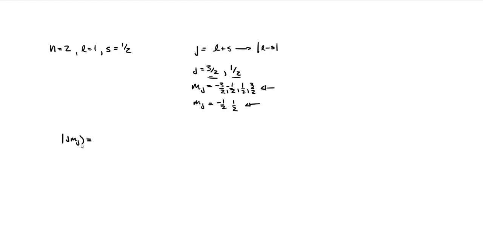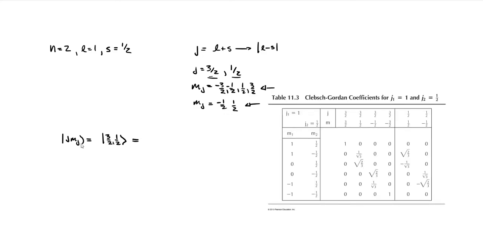If we were to look at the 3/2, 1/2 j, m_j state, and we want to convert that to the uncoupled bases, we're going to have to look it up in a Clebsch-Gordan table. We look at the corresponding 1 and 1/2 table, because remember, we're adding the orbital angular momentum equal to 1 and the spin angular momentum equal to 1/2.